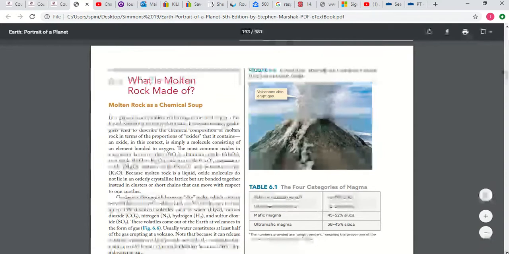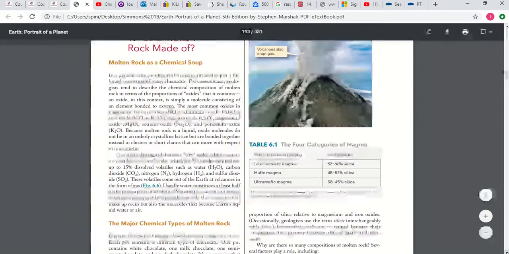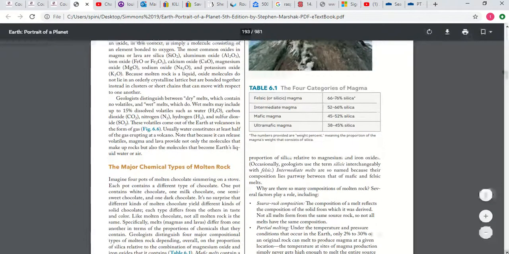And so that's why in one area, if you had a volcano, you might get a certain kind of rock when the lava comes to the surface and the volcano erupts. But in another place where the soup underneath was different and had different chemicals, you might get a totally different kind of rock. That's what they're talking about here when they're talking about where these rocks come from and the major chemical types that we see.